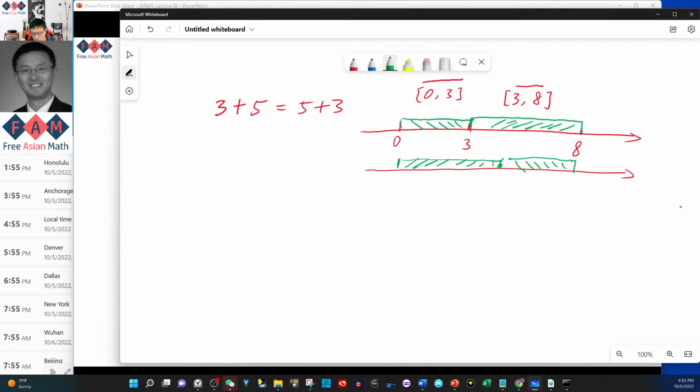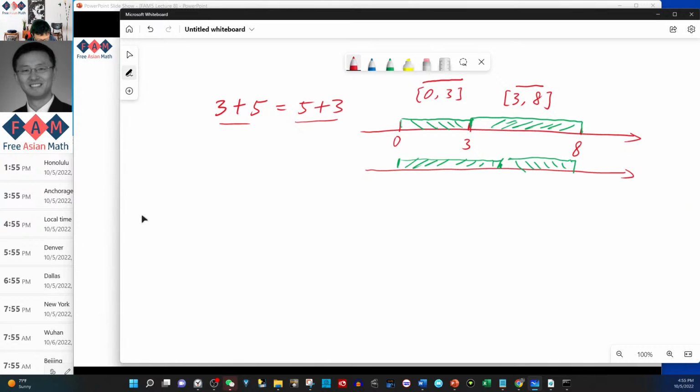We understand that the total length of this so-called concatenated or just seamlessly connected total line segment, the length should not change. And that's actually a big assumption. There's an implicit axiom for that. But it's intuitively very natural when you swap those two, reconnect them, the total length should be exactly the same. Therefore, this explains why 3 plus 5 equals to 5 plus 3.